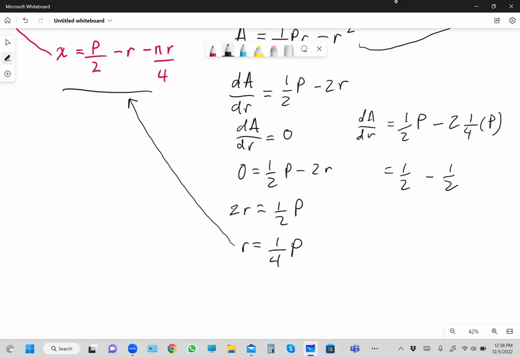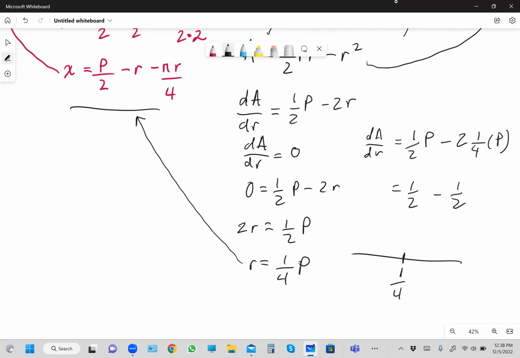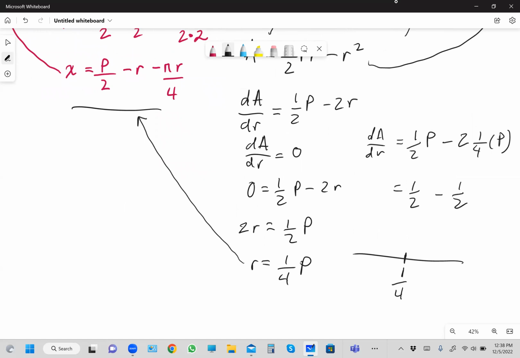So R equals 1/4. And then you test both sides. So let's do that. If P is 1, R is 1/4. So now we can test both sides. Let's be careful here because P does not vary. P does not vary. So we want to show it's a max or a min. And so this is actually R.